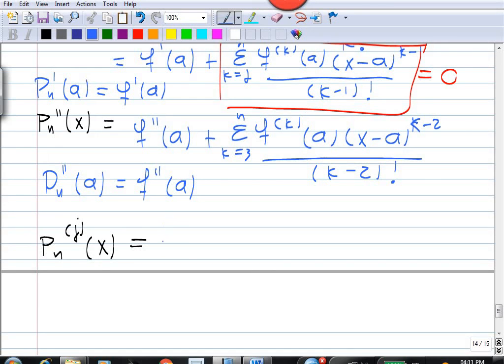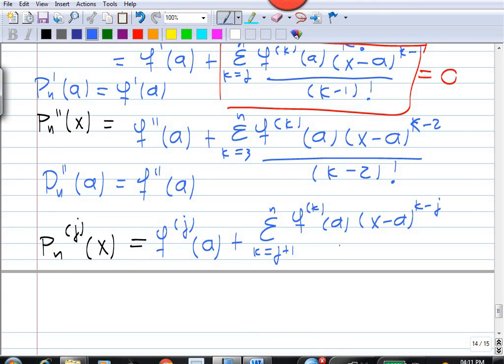So we'll have the jth derivative of the Taylor polynomial, which is the jth derivative of f at a plus the sum k equals j plus 1 to n of f^(k) at a times x minus a to the k minus j over k minus j factorial.